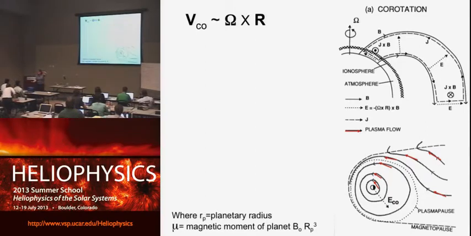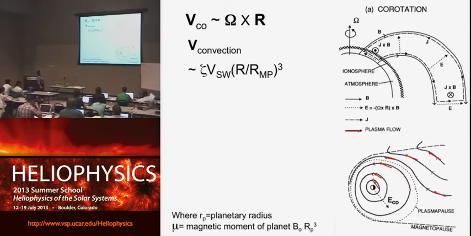And one assumes that that is the planetary rotation of the planet. And so then comes the question, if you have a situation where that's the case, what do the flows look like in the magnetosphere? Well, obviously, you'll have a co-rotation flow, which is just omega cross r.